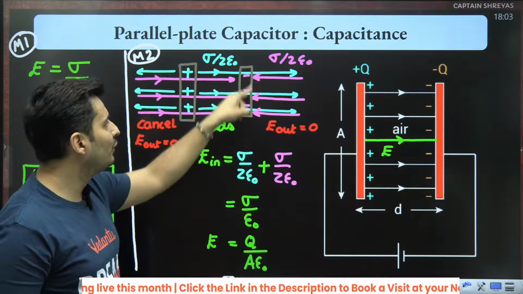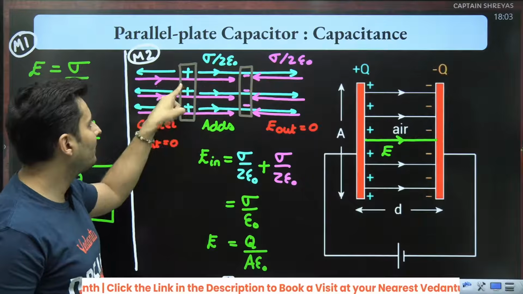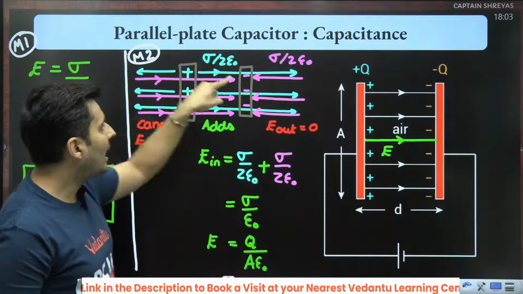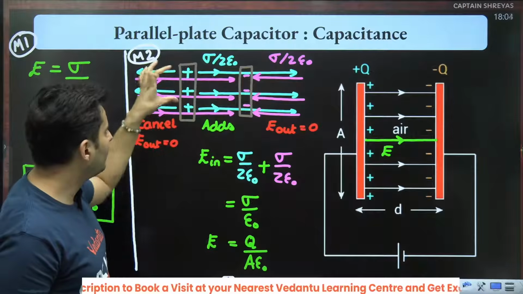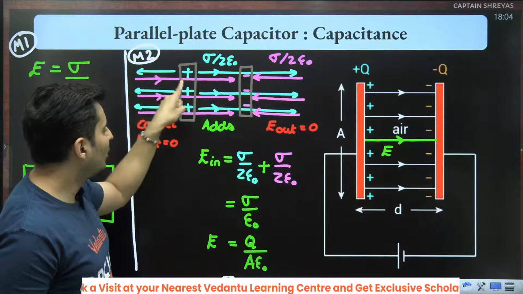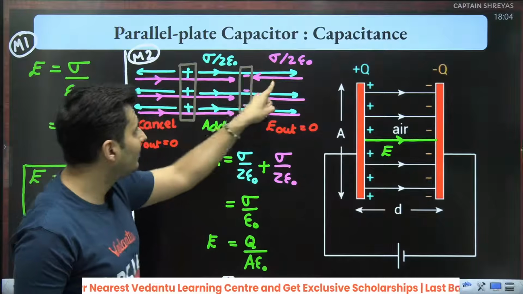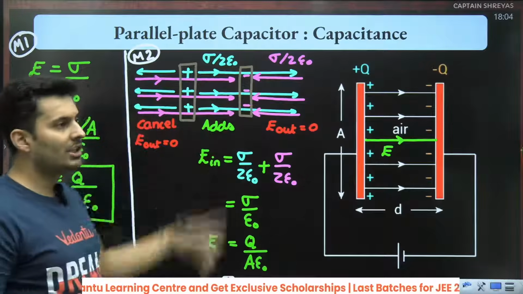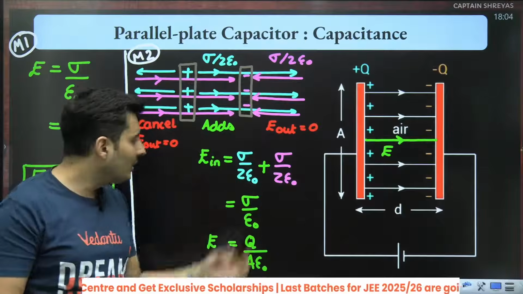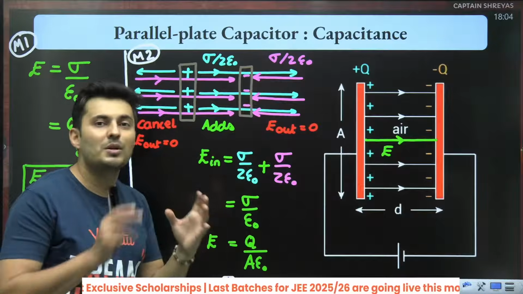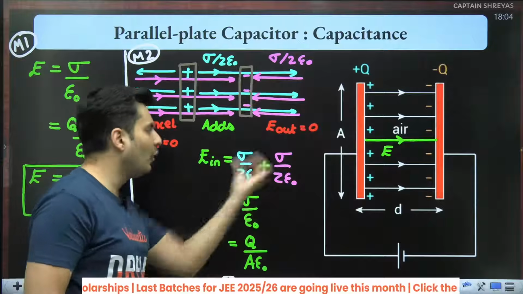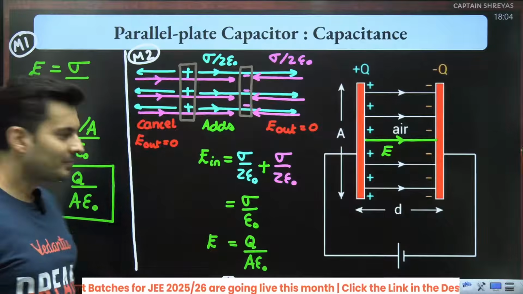If I'm considering the force on the negative charge, it will be the field due to these acting on it. If I consider the force on the positive charge, the force on it will be charge multiplied by the field due to the negative charge, which is the pink one. So either you consider this or this, not both, because you're finding the force on one of the other.